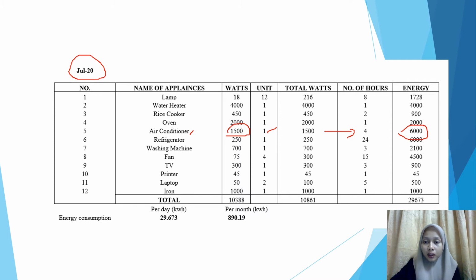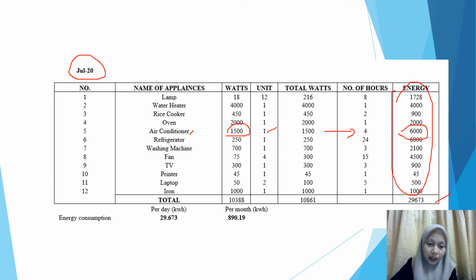After we calculate the lamp and the total watt, we add all and we get the energy per day is 29,673.